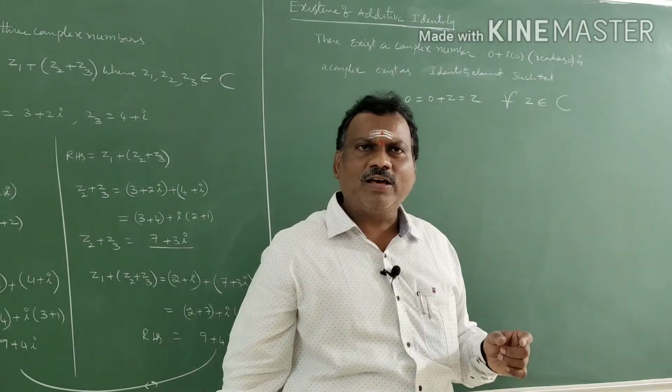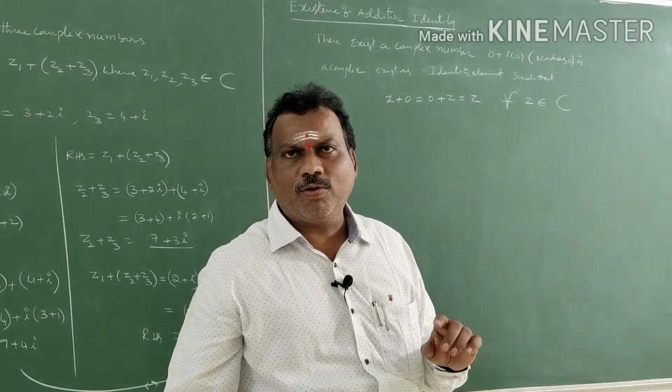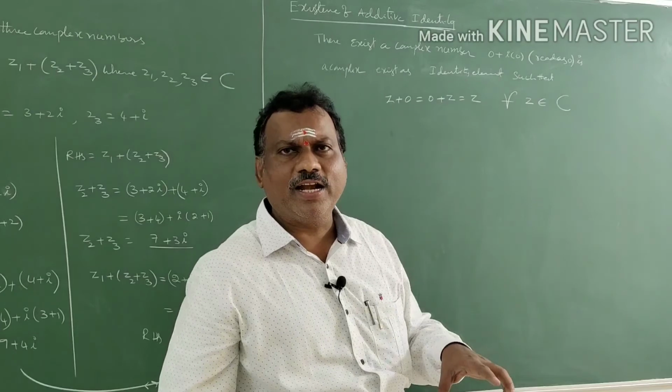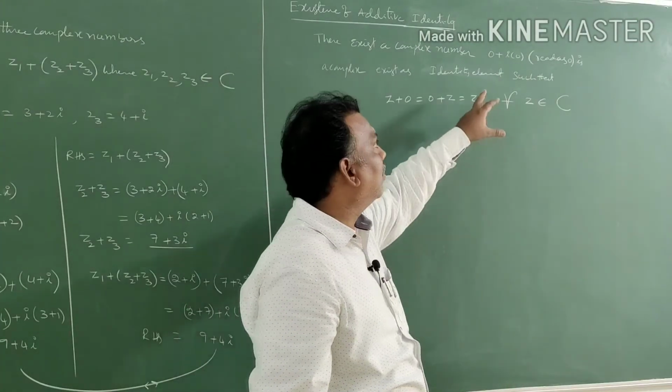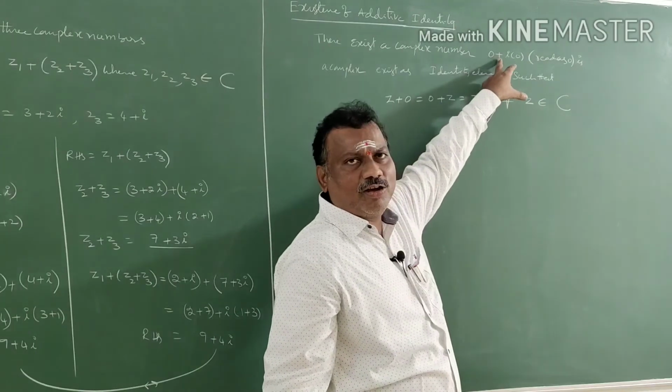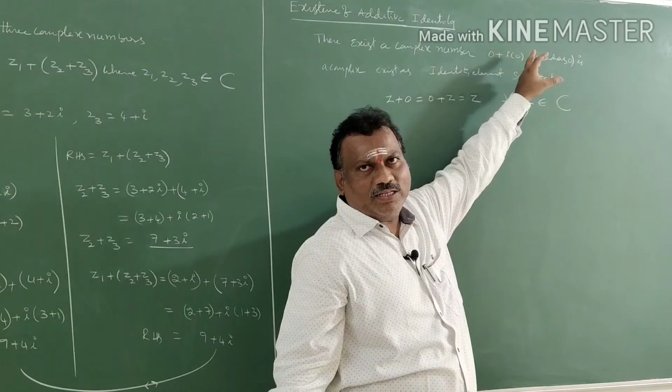That's why it is both purely real and purely imaginary. Why? Because its real part is 0 and imaginary part is 0. That's why we express it as 0 plus i into 0, in a plus ib format. So it is a complex number.